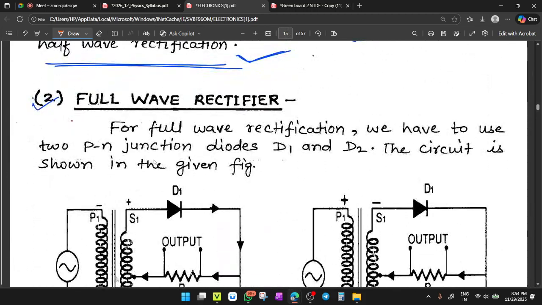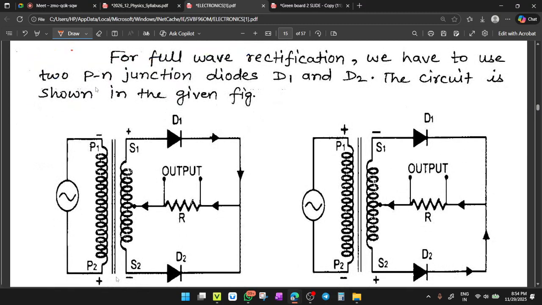So what you have to do for a full wave rectifier is use two PN junction diodes. Previously you used D1, but here you have to use D1 and D2, with a special type of transformer. This is called a central tapping transformer. The circuit is given below here. Check here.